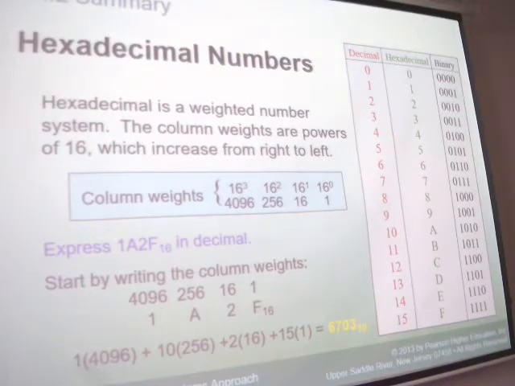And then 1 times 6, 1 times 1. So the result is 256.